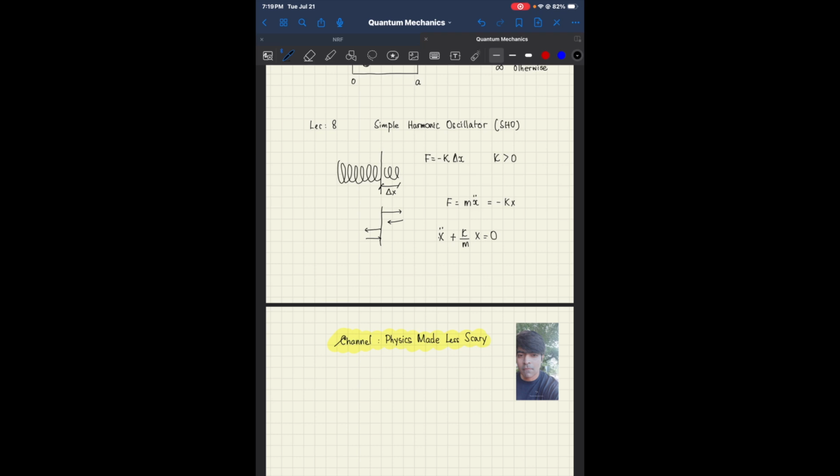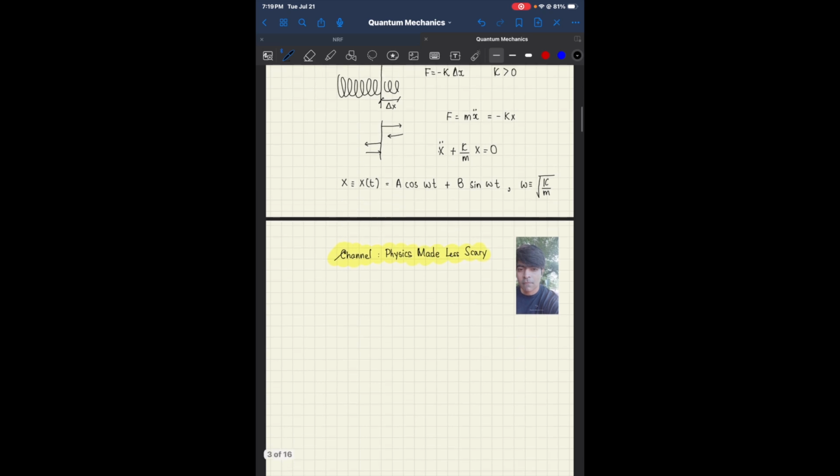So tell me, what's the solution? x of t will be given by a cos omega t plus b sine omega t, where omega is defined to be the square root of k over m.